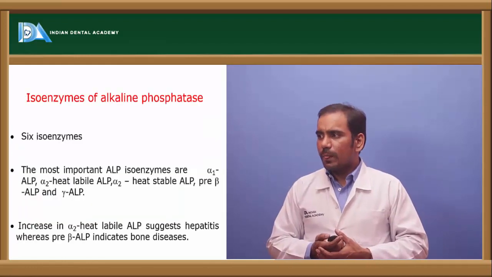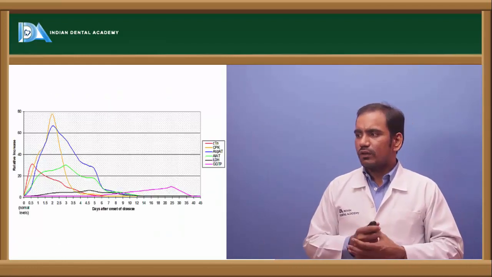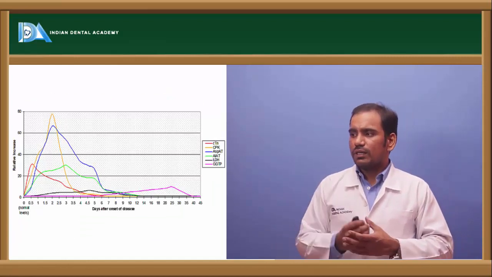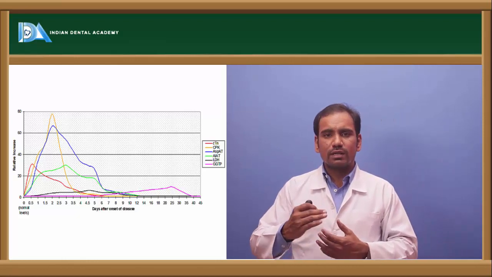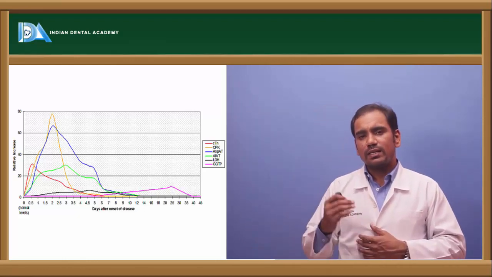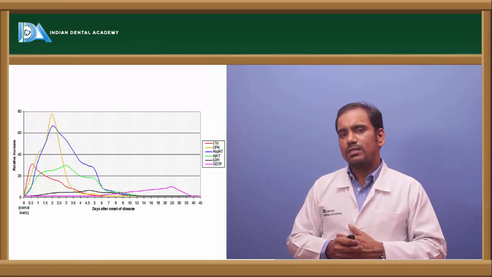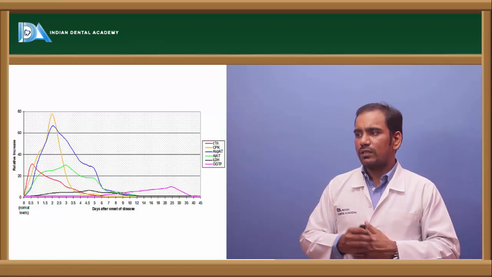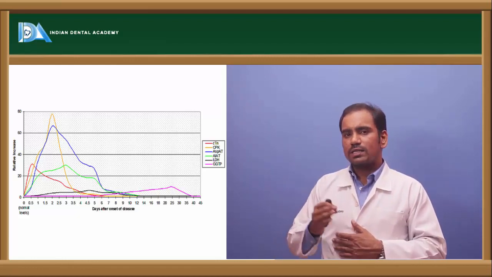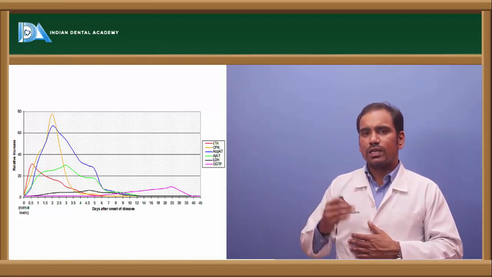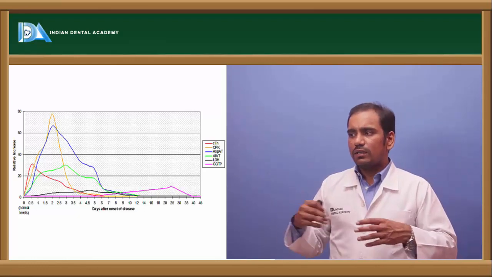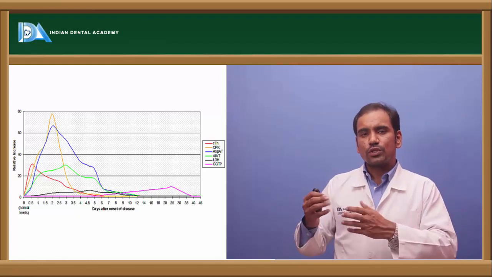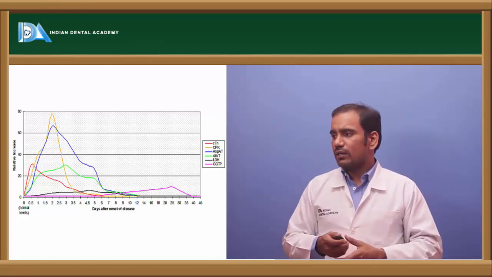In this picture you can see the onset and time period in which the levels of LDH, creatine kinase and AST, these three cardiac markers, are elevated in myocardial infarction. Each marker rises in a different time interval. The area under the curve is proportional to the extent of myocardial infarction.